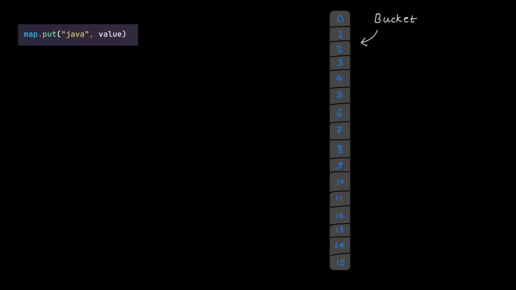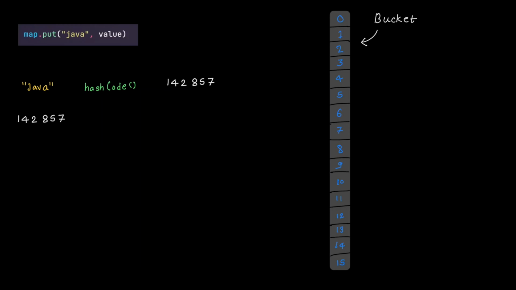with a key and value. Now we have the key here, and as we have seen, there is an array of buckets here. In order to get to the index of this bucket, first the hashCode on the key is invoked. When you invoke hashCode on a string key like Java, it gives us a long value.